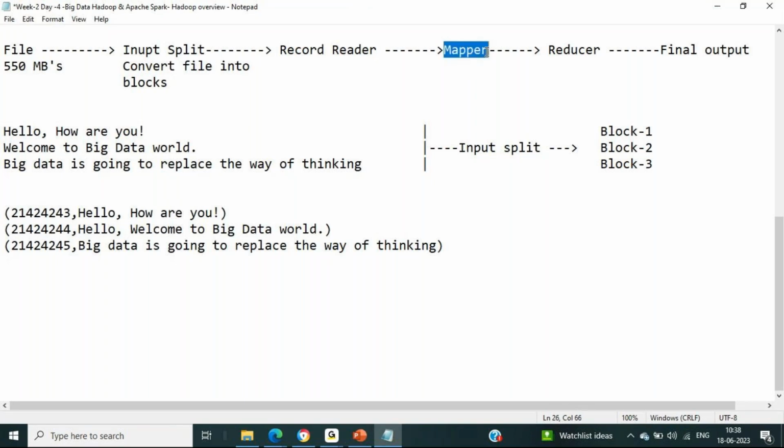Over here, we are having the benefit of parallelism. What does it mean? It means that multiple machines will work over here.